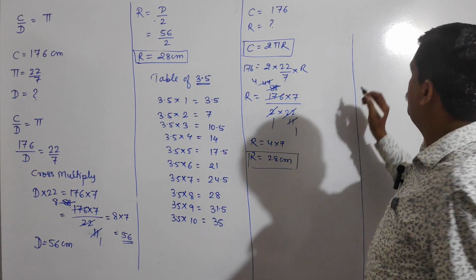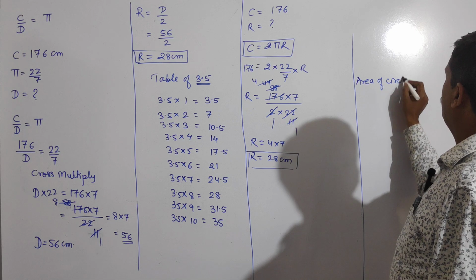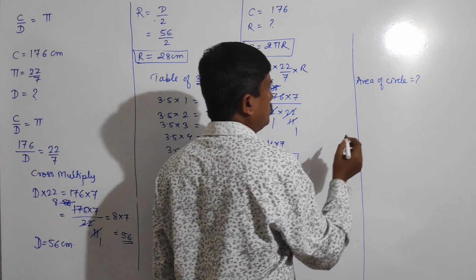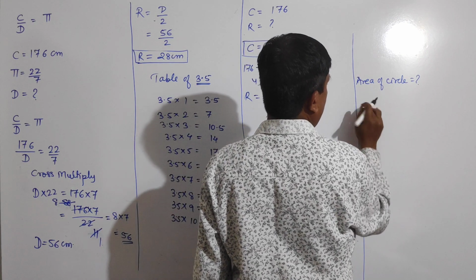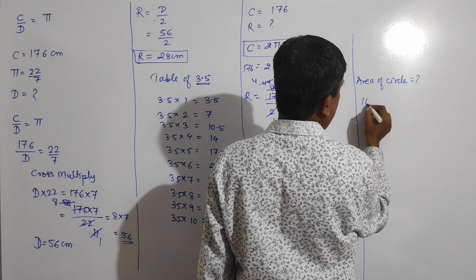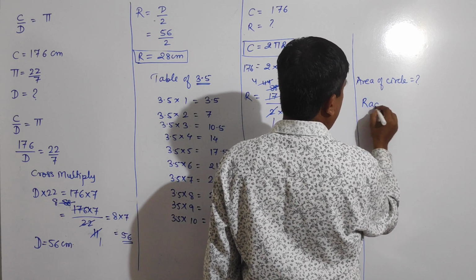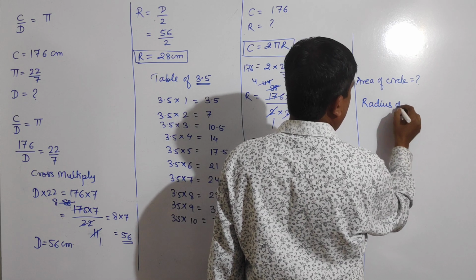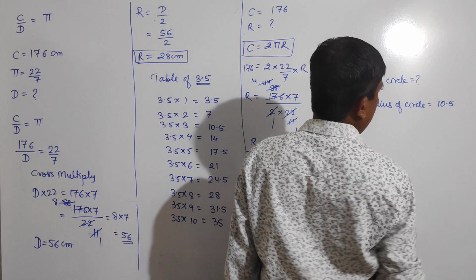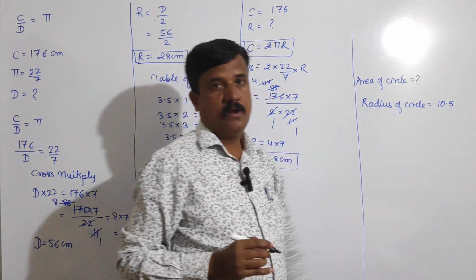But if you have to find area of circle, where radius of circle is 10.5.